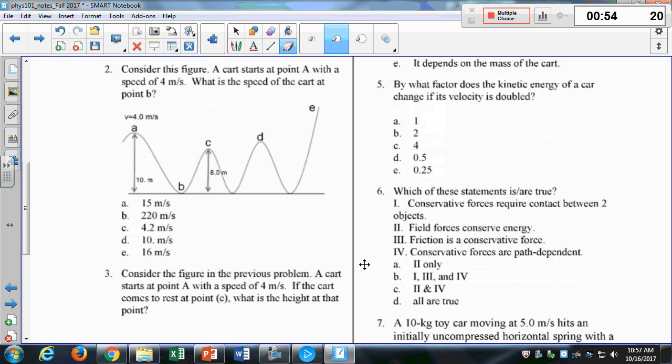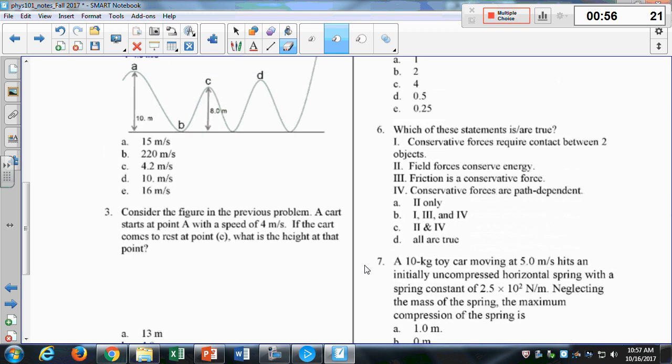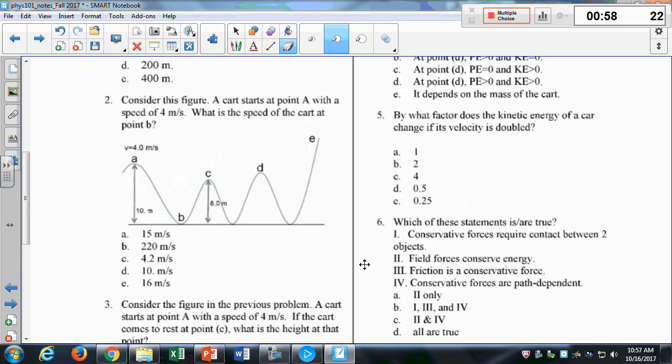If you finish number 2, go on and do 7, and then you can also do 5. 2, 7, and 5. But right now we're taking answers for number 2.